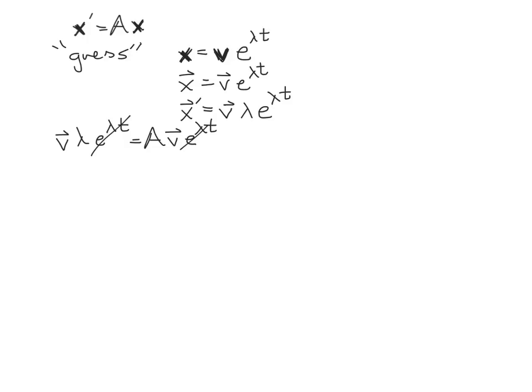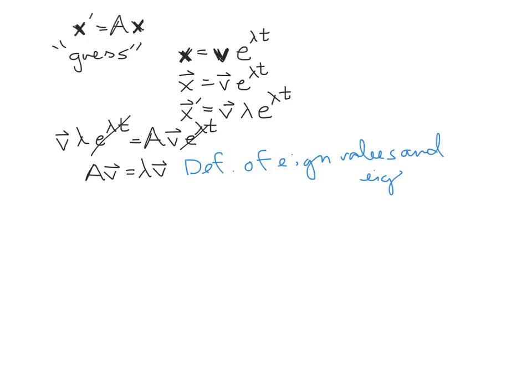So then I've got, and I'm going to switch sides here so this looks familiar, A v equals lambda v. And hopefully this looks really familiar to you. This is the definition of an eigenvalue and vector. Eigenvalues and eigenvectors.